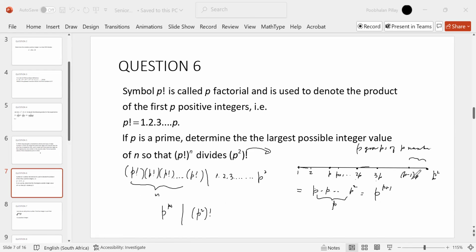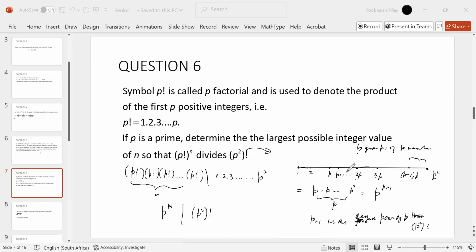Why? By improve, I mean you can't make it larger, because there's exactly one P in each one of them. And P plus 1 is the largest power that divides P squared factorial, because P only occurs once in each one of them.